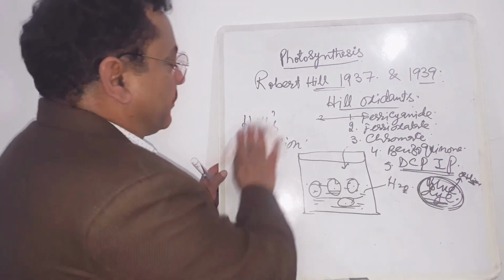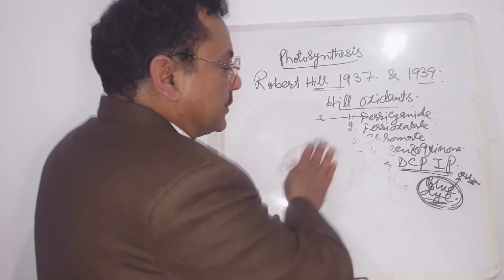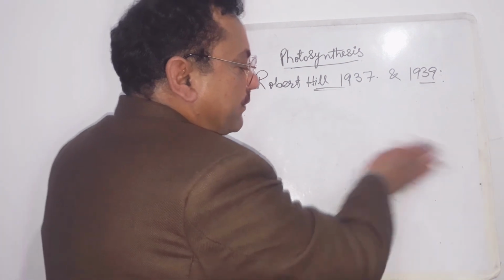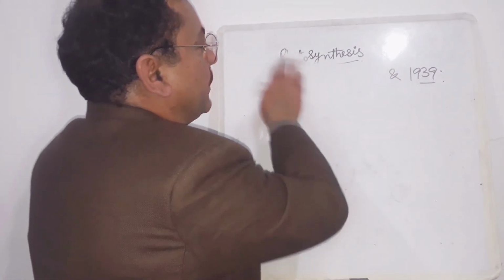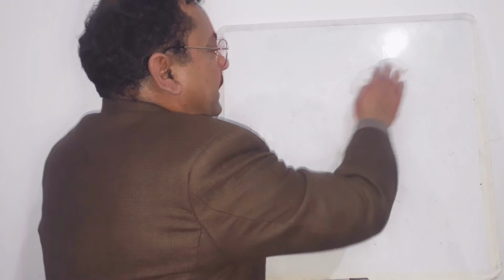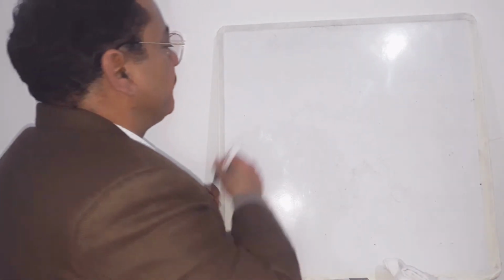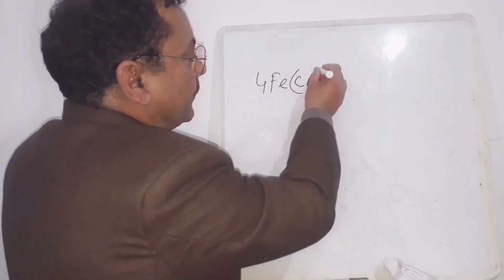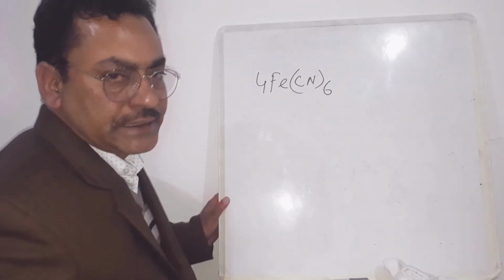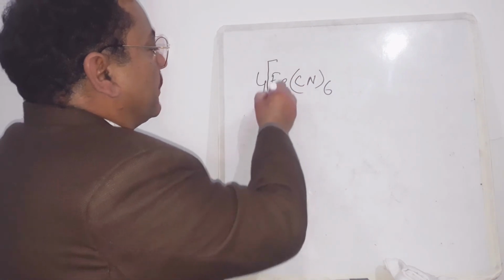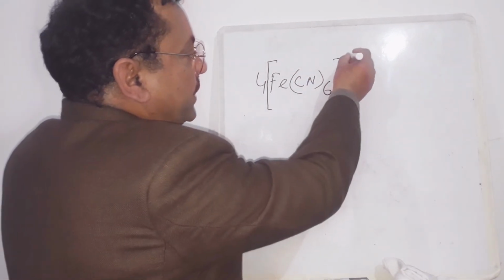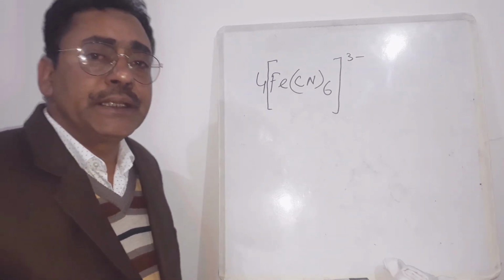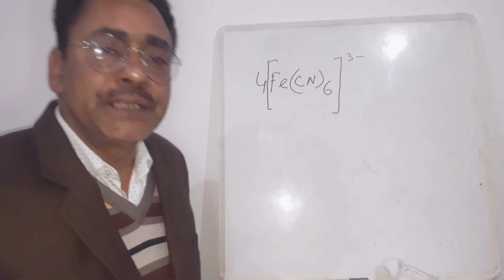So, in order to write the equation for Hill's reaction, I will write here 4 times FeCN6, ferricyanide, whole to the power 3 negative. That is, the oxidant is in an oxidized state.